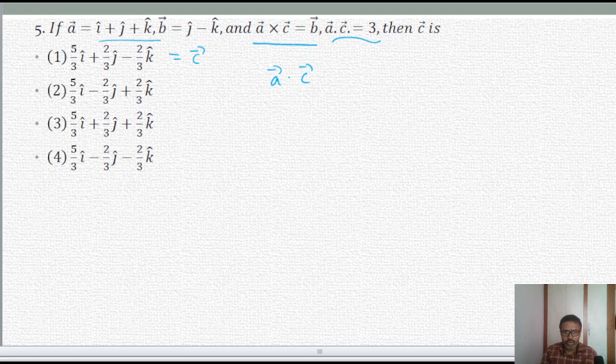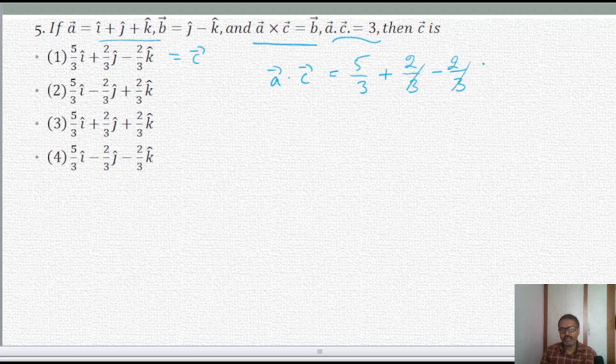So 5 by 3, 2 by 3, here minus 2 by 3. What is A dot C? We know what is A dot B: a1 b1 plus a2 b2 plus a3 b3. We'll go with the same. Coefficient of i cap here is 1, here is 5 by 3, 1 into 5 by 3, you will get 5 by 3, plus 1 into 2 by 3, it is 2 by 3, plus here 1 into minus 2 by 3, you will get minus 2 by 3.